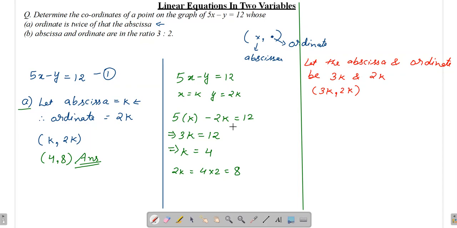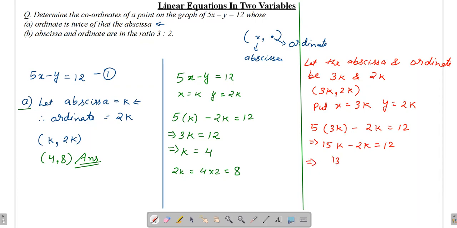Now what we need to do, once again we will put x as 3k, y as 2k in the given equation. So we will get 5 times 3k minus y, that is 2k, is equal to 12. 5 threes are 15k minus 2k is equal to 12.